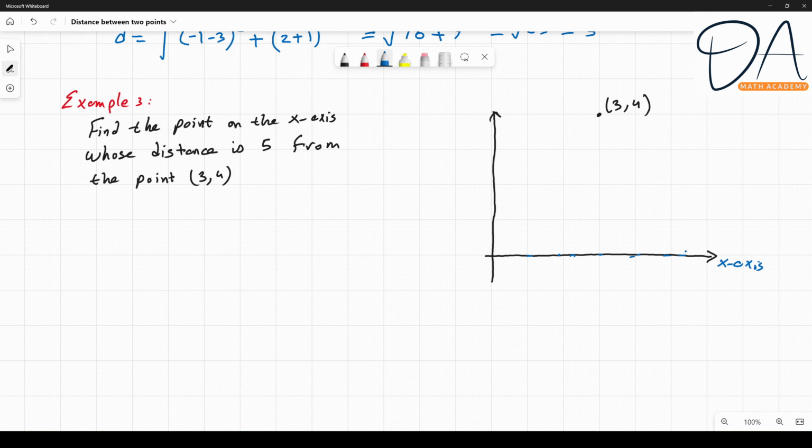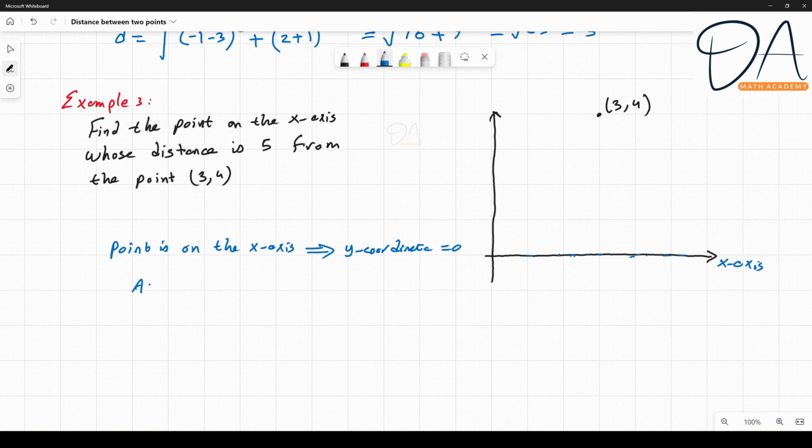First thing to notice here is that the point is on the x-axis. This tells us something: that the y coordinate is 0. You can see here that any point you take on the x-axis, the y coordinate will always be 0: (1, 0), (2, 0), (3, 0), whatever, but the y coordinate is 0. So this tells us one coordinate of the required point.